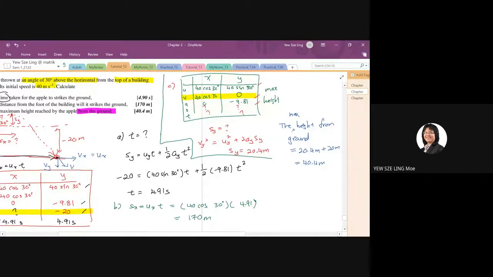So this blue part is usually the careless mistake that students make in the exam, because you guys tend to get very excited once you got the Sy and you forgot about the question. The question is asking for the height from the ground. So remember, you need to add the height of the building, which in this case is 20 meters.